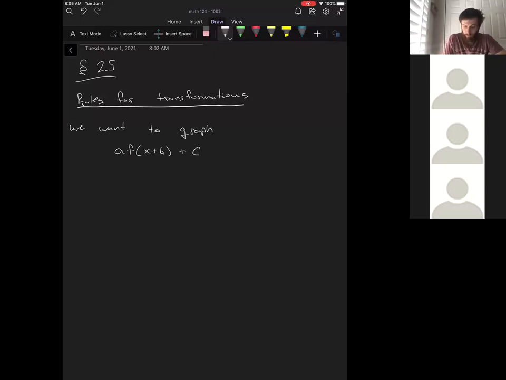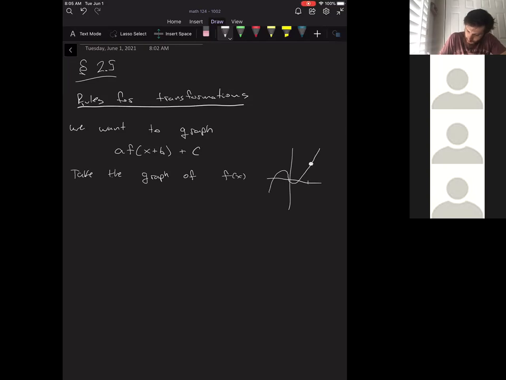In this problem, the a, the b, and the c are going to tell us to do something to the graph of f of x. How we graph this is, first we take the graph of f of x. Just a quick example of what it could look like, something like this. And we have points.